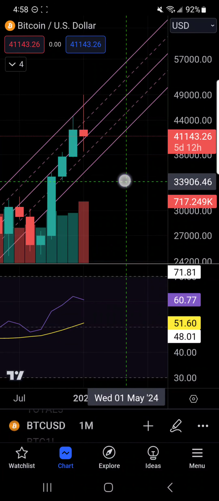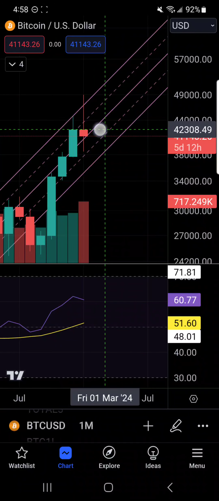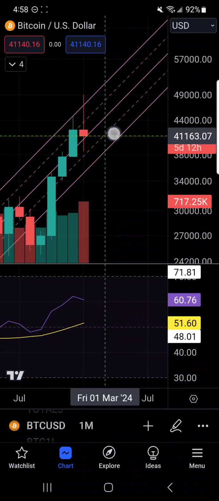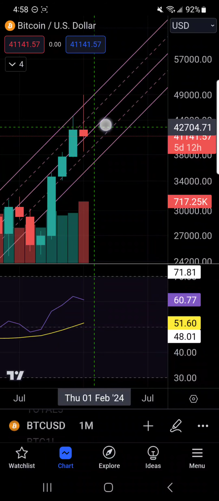And I've already posted a video telling them how full of it they are. So, no gravestone doji is forming. What we're going to form here on the monthly candle, if you look at that, 42,242, we will turn green on the monthly.